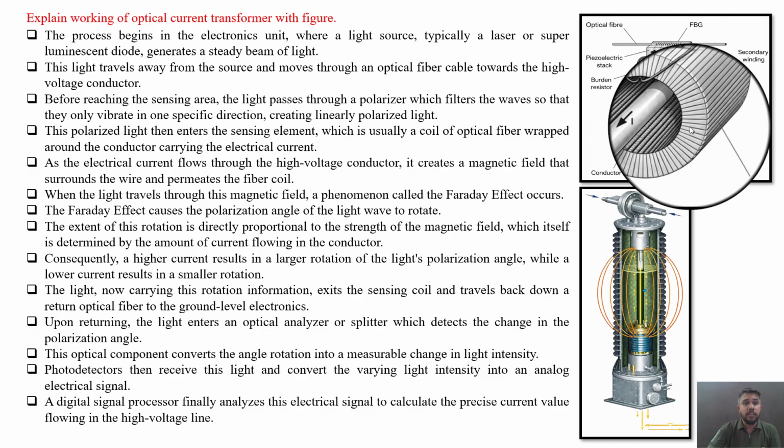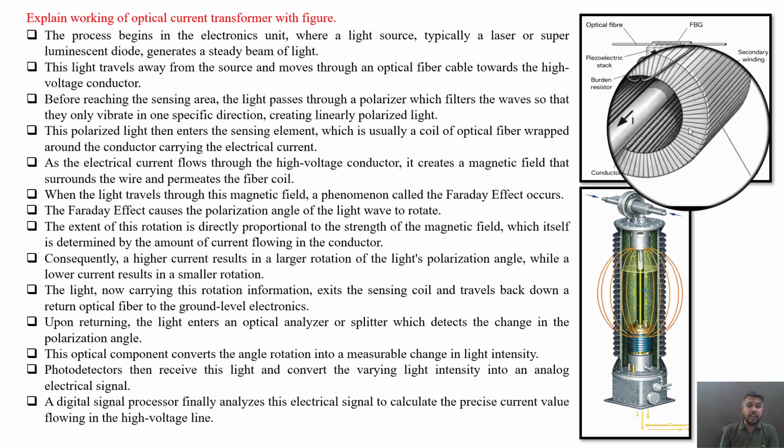Understood? Now, as the electrical current flows through the high voltage conductor, it creates a magnetic field that surrounds the wire and permeates the fiber coil. Permeability means the magnetization is linked with it, or the medium's magnetic strength is improved. When the light travels through this magnetic field, a phenomenon called the Faraday effect occurs.